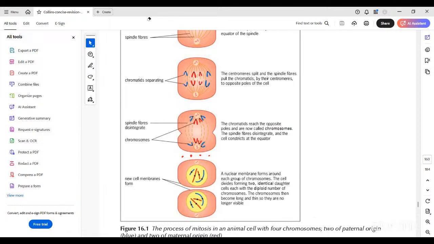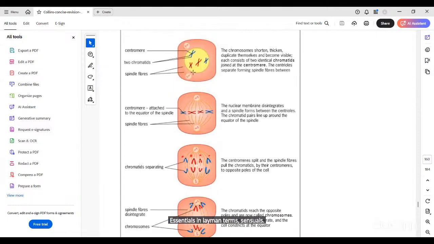Have I lost anyone? No, sir. Right? Somebody asked what are centrioles? Centrioles in layman terms are like thumbtacks.